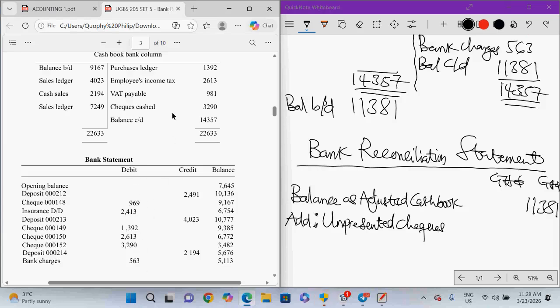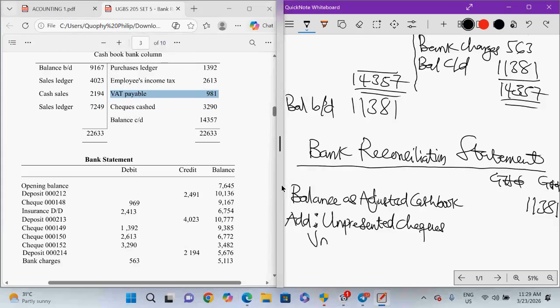Okay, 3290. Can you see it here? Yeah, it's there. All right. So which item is not at the debit side? It's just the VAT payable, right? So it means the VAT payable becomes our unpresented checks.